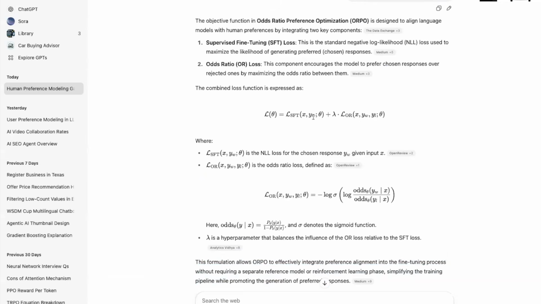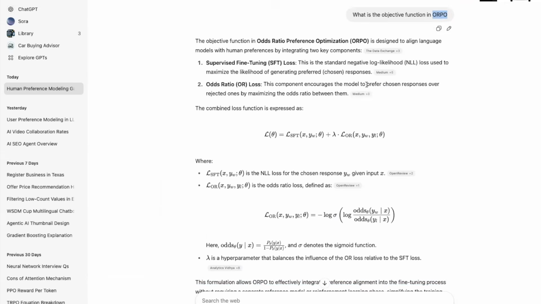This is the response that the human says is a win, and this is the losing response. And then you want to maximize the probability of the winning response given the prompt. And then it has a second loss, whose intention is to encourage the model to prefer chosen responses, basically the winning responses, over the rejected or losing responses by maximizing the odds ratio between them.